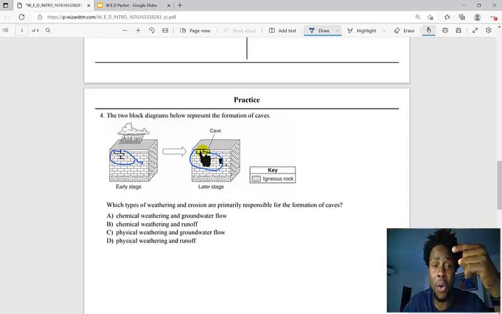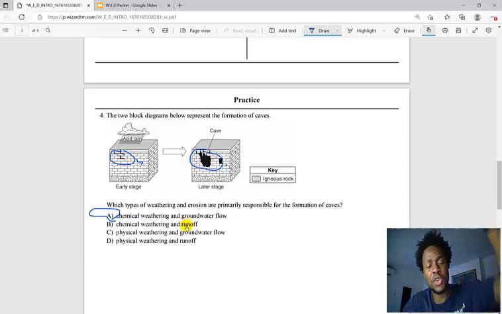So both sinkholes and caves are on the ground. Option A says chemical weathering and underground water flow. Yeah, it does look like A to me. B says chemical weathering and runoff. Runoff only happens on the surface. For a cave to occur, it has to be underground, so it cannot be runoff. Physical weathering, no. Physical weathering, no. So our option is A.